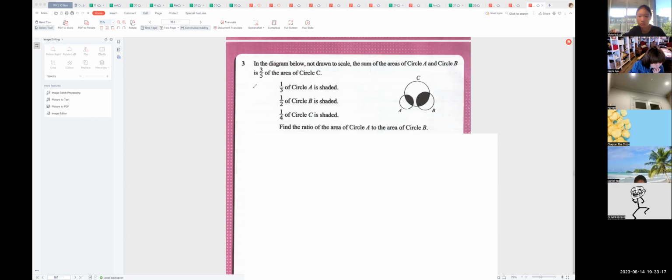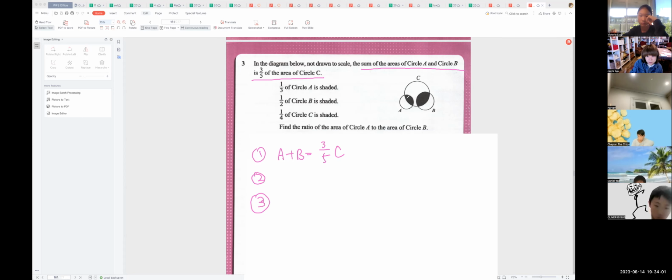The sum of area of circle A and circle B is 3/5 of the area of circle C. 是不是 A 加 B 等于 3/5C? Correct? So that's the first one, right? Okay. 你看这里有3个 variable，那我们只要 make 2个 equation，我们就可以猜一猜做，好不好？另外一个，他说 1/3 of the area is.